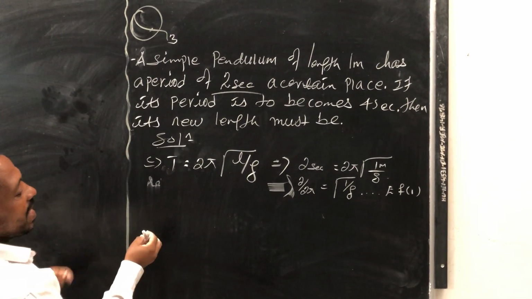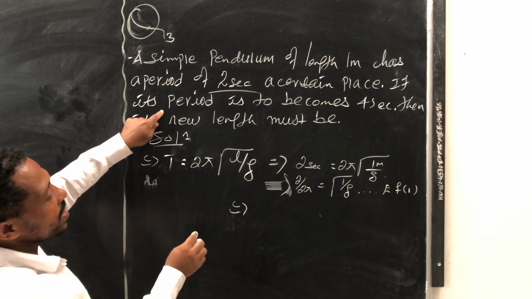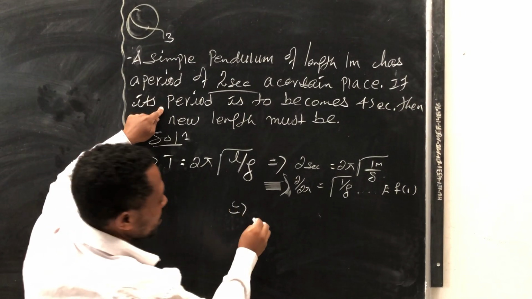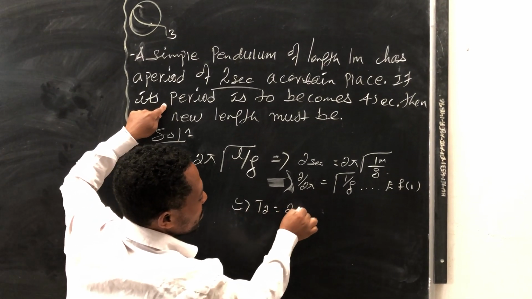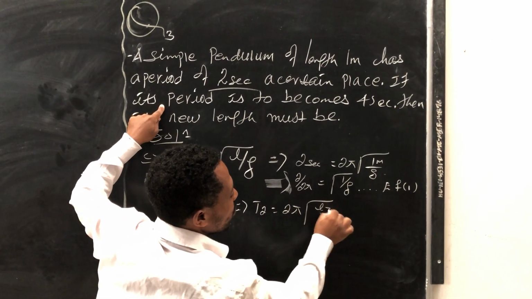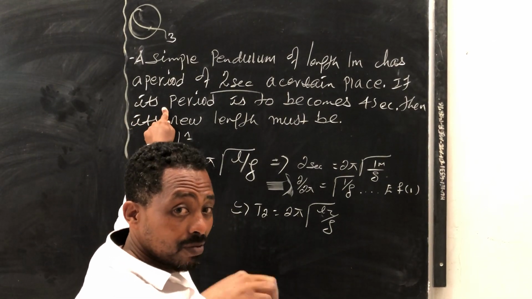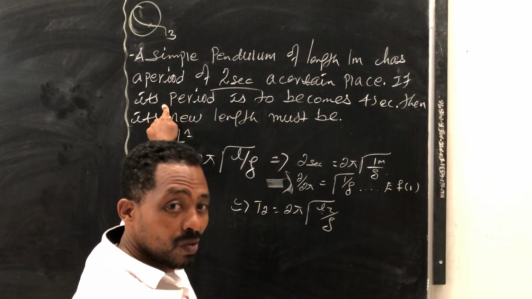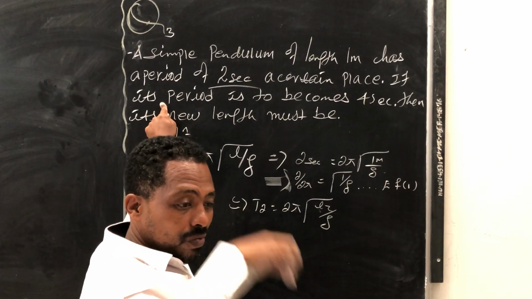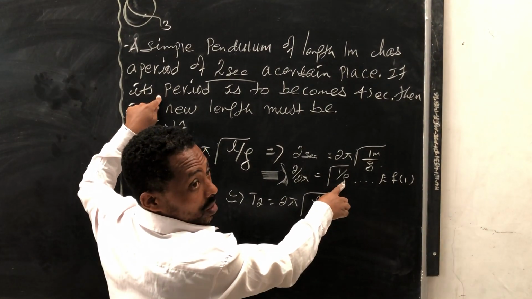In the second case, our period is 4 seconds. As usual, T2 is equal to 2 pi times the square root of L2 over G. Since the pendulum is at a certain specific point, the acceleration never changes.